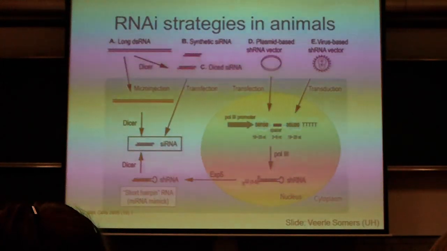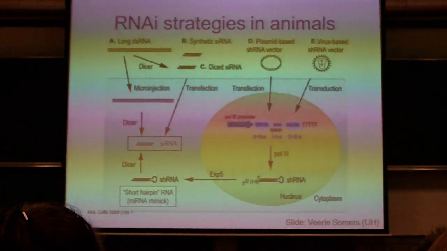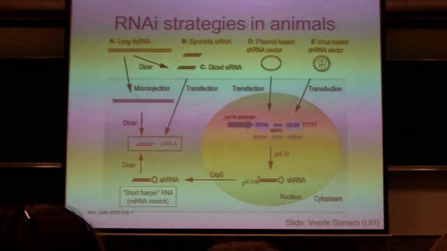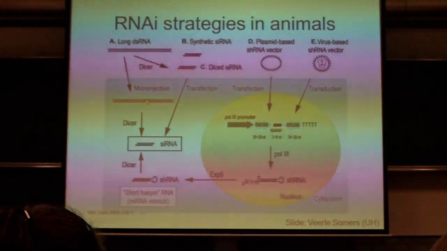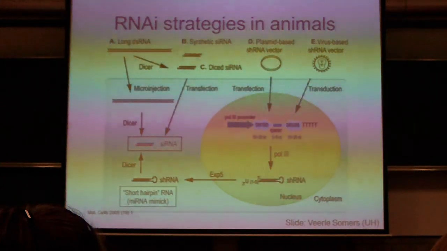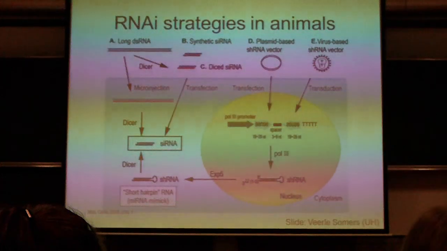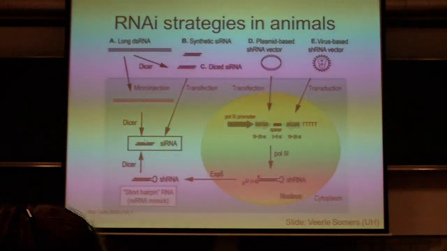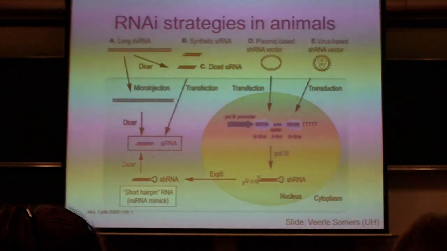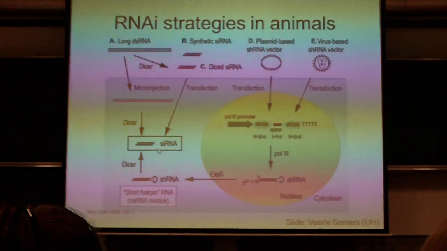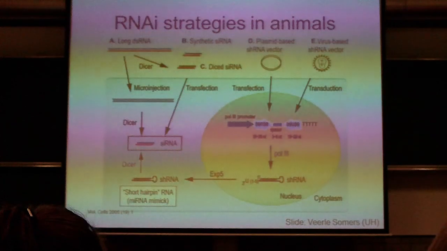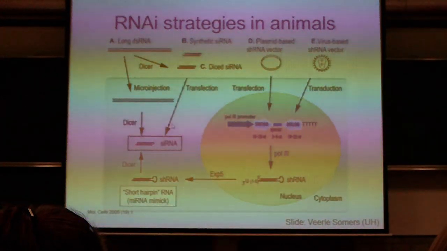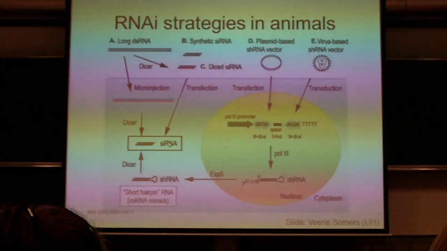So to go into a little bit more detail, what you can do in animals is introduce long double-stranded RNA by microinjection, for example, and that's probably mostly done in vitro in cell cultures. Then this long double-stranded RNA will be processed by Dicer and will immediately be incorporated into a RISC complex. Synthetic siRNA can be directly microinjected in the cell.